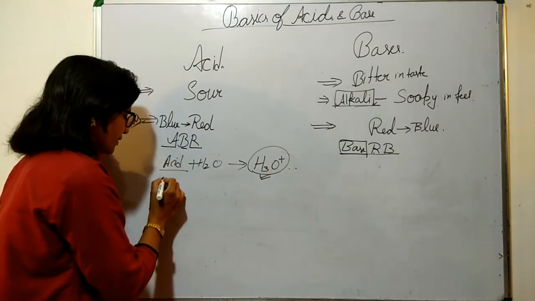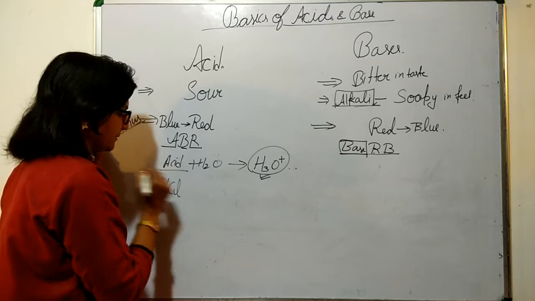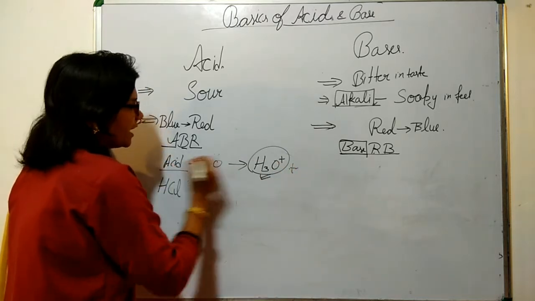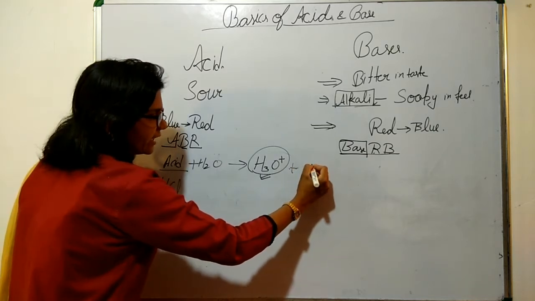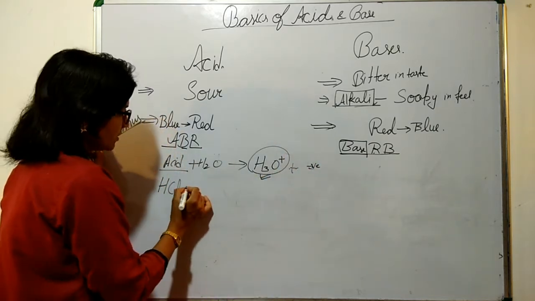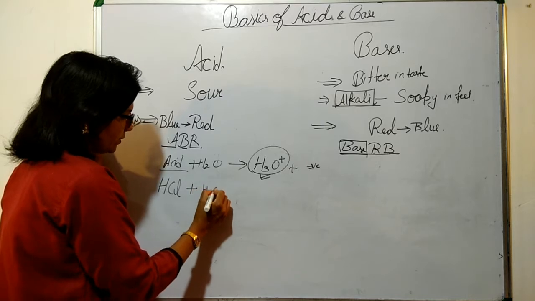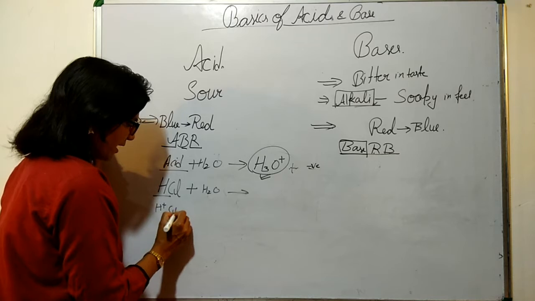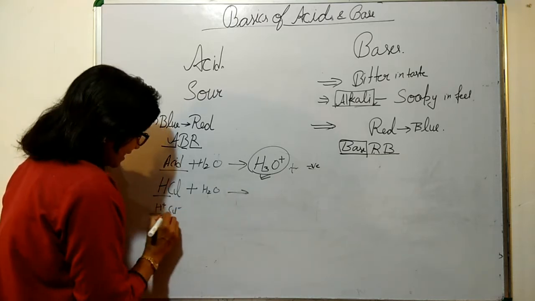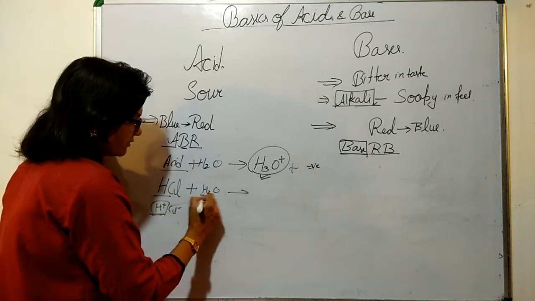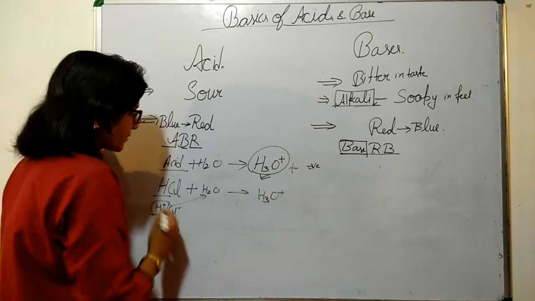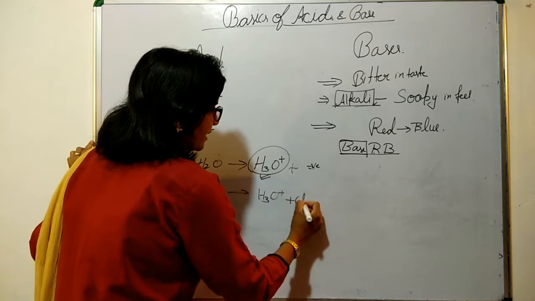What happens actually, for example, if you take HCl, whatever ion we are taking, there will be a negative ion. Suppose it is HCl plus H2O. It will dissociate into H plus and Cl minus, and this H plus will combine with the H2O and form H3O plus, and there will be the Cl minus.